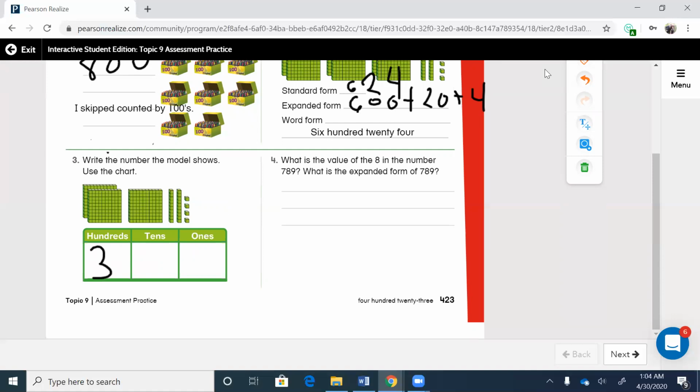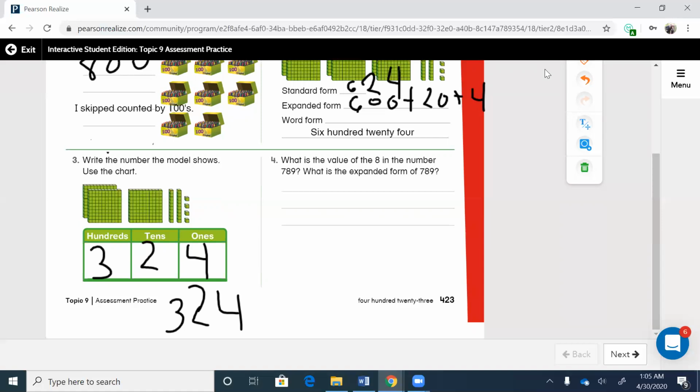Tens, 1, 2. Ones, 1, 2, 3, 4. And that number is 324. Now, if I wrote it like this, whoops, not so sloppy. If I wrote it like that, that would be called standard form. All right, let's take a look at the next one.